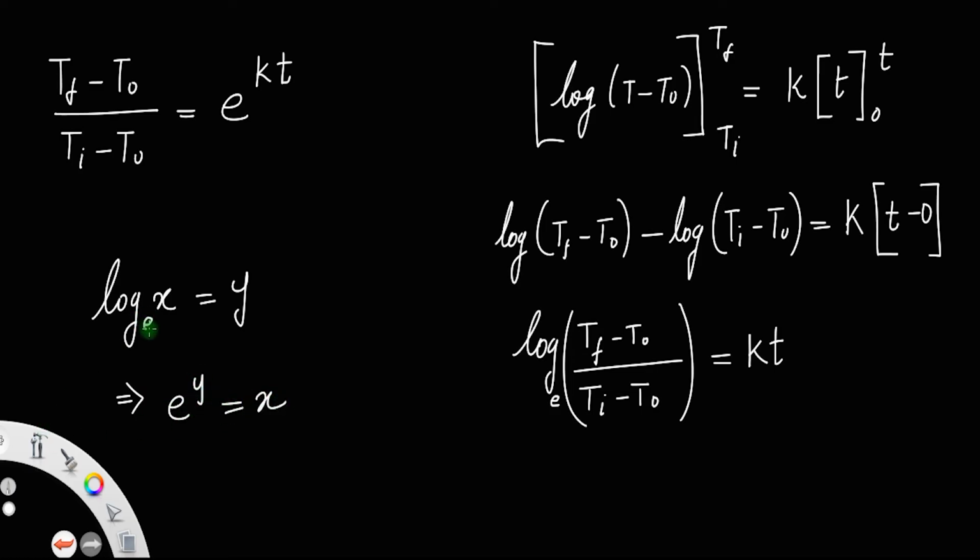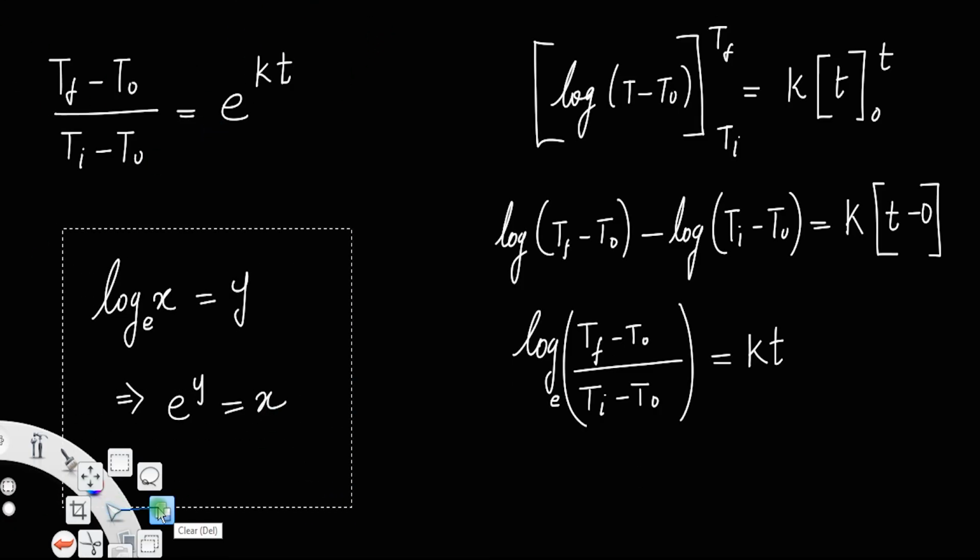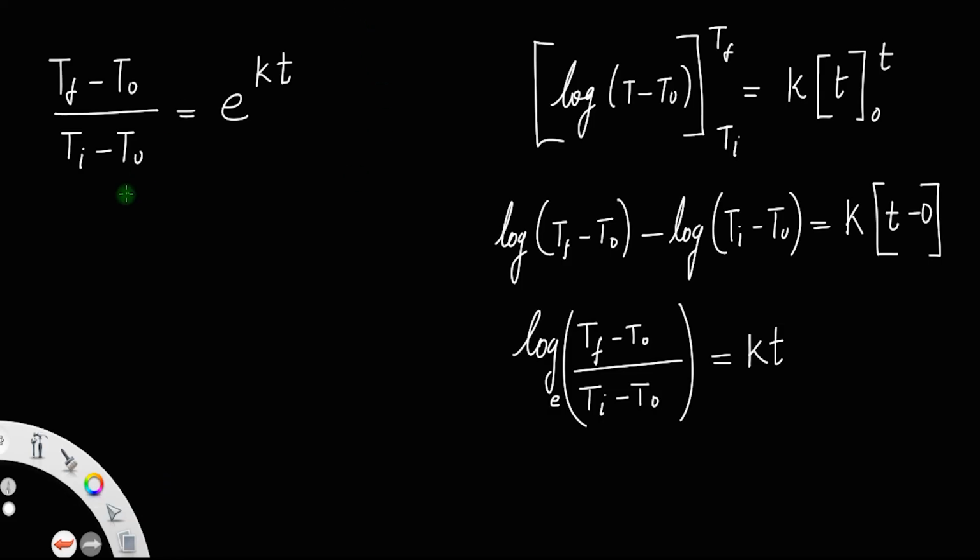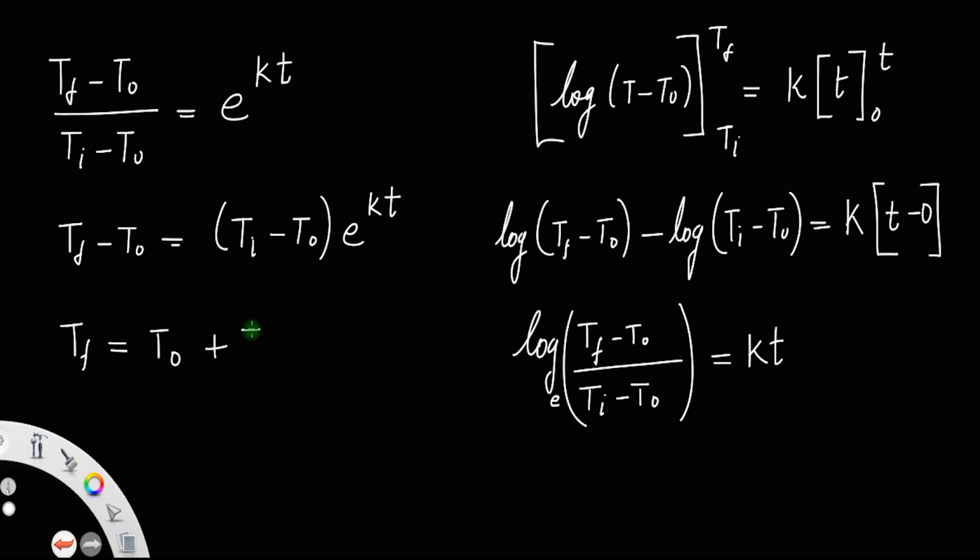Here there is an e hidden in the log. So this whole term is the x and this Kt term is the y, so e raised to Kt equals the whole term. So the expression will be Tf minus T0 is equal to, taking this to the right, Ti minus T0 times e raised to Kt, or Tf is equal to T0 plus Ti minus T0 times e raised to Kt.